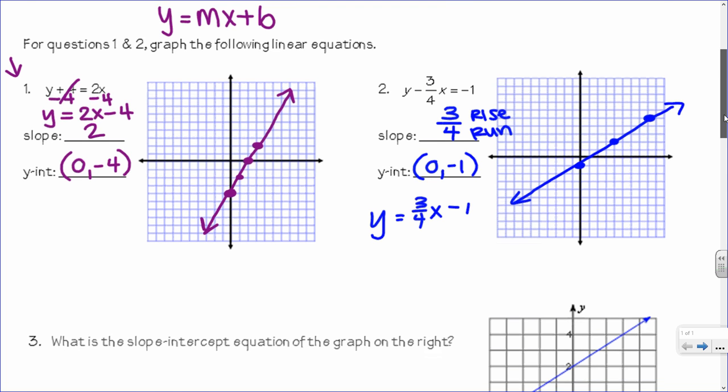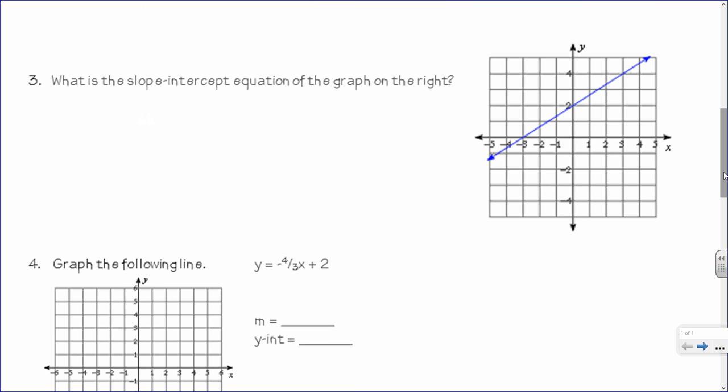Okay, let's move on to question 3. So question 3 is asking us for the slope-intercept equation of the graph on the right. So first of all, let's remind ourselves, the slope-intercept equation is y equals mx plus b. So here we should be able to look at this line and identify m, our slope, and b, our y-intercept.